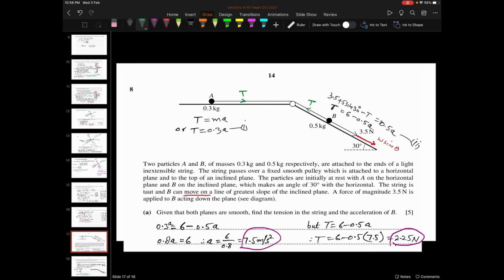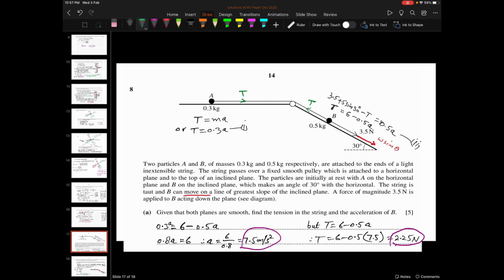Now in the figure, it is clear that on particle A, only one force is acting, which is the tension in the string. Because the surface is plane, there is no friction at all.